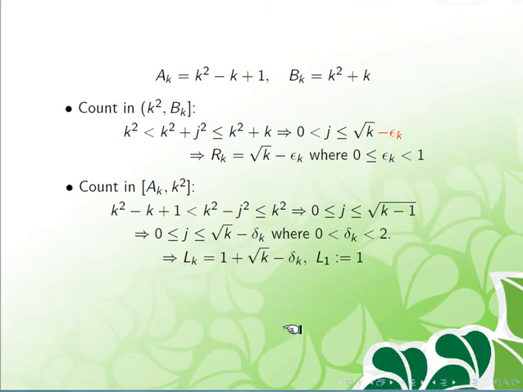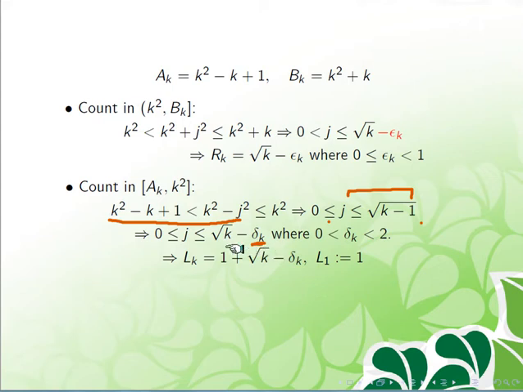Alright, now if you solve for j for that part in here, j is going to be greater than or equal to 0. And if you deal with this side of the inequality, then you get that. Like we did before, we're going to subtract delta k.